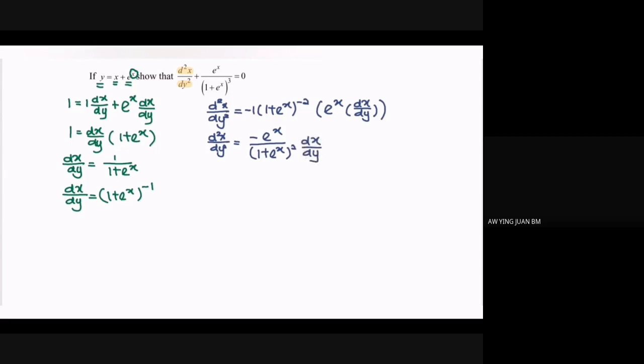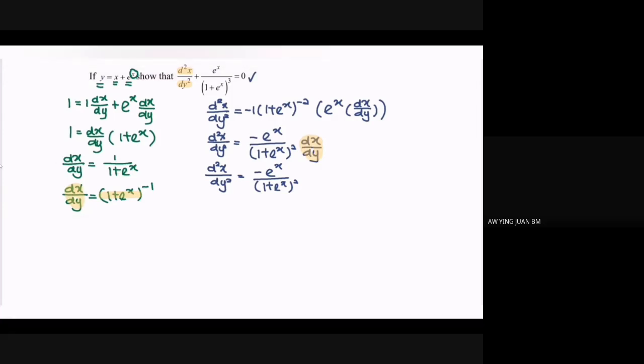So next, check the question. What we have to do now is multiply, so the second derivative equals negative e^x over (1 plus e^x) squared, times dx/dy. Kindly refer to dx/dy: it is equal to (1 plus e^x) to the power negative 1, or 1 over (1 plus e^x).